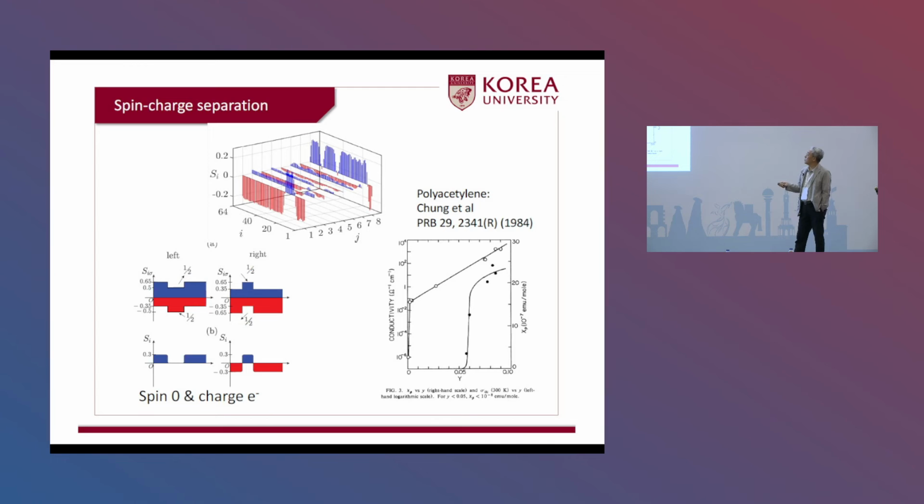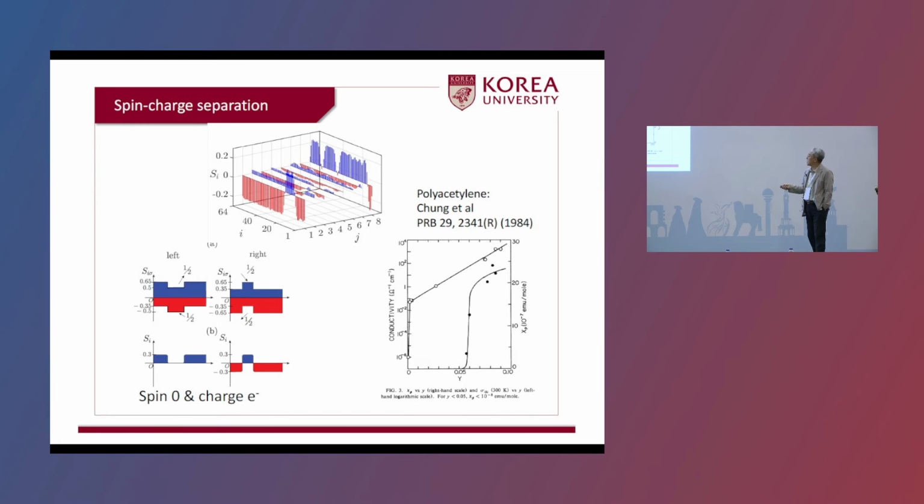Now this is very similar to what's happening in polyacetylene. This is experimental evidence for the presence of spin-charge separation in polyacetylene. You dope polyacetylene, then you measure conductivity and also spin susceptibility.